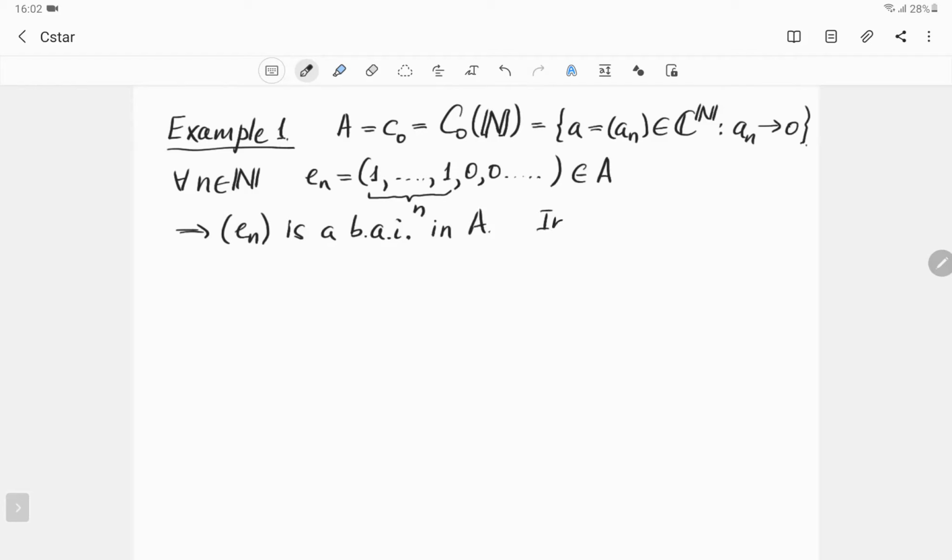Well, indeed, why is it so? If we take an arbitrary element A in our algebra and calculate the norm of A minus A En, this will be the supremum of A k, where k is bigger than n. And this goes to 0 because A vanishes at infinity.